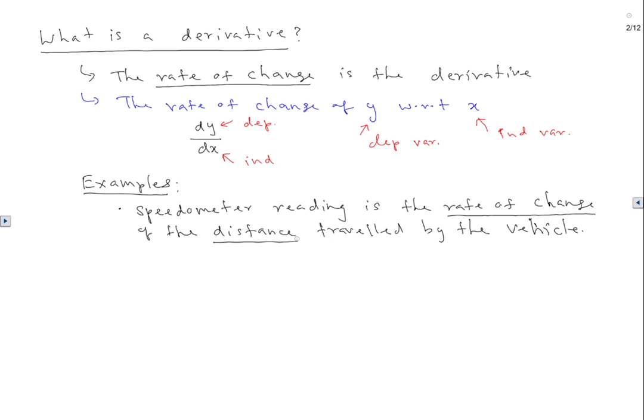So you're going to see the derivative right in front of you most of the time.